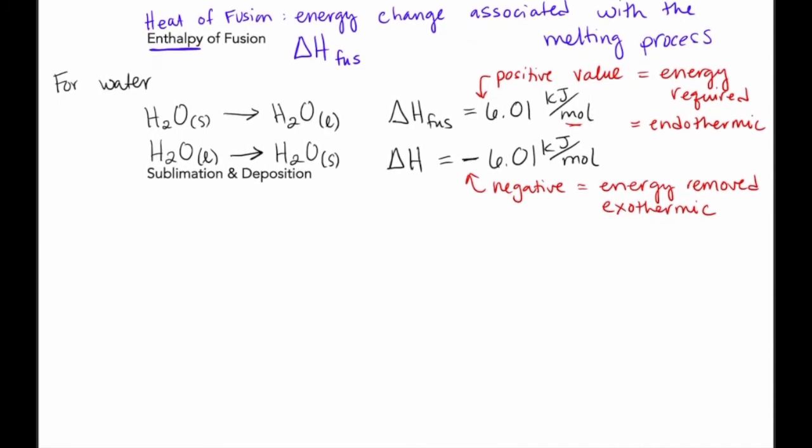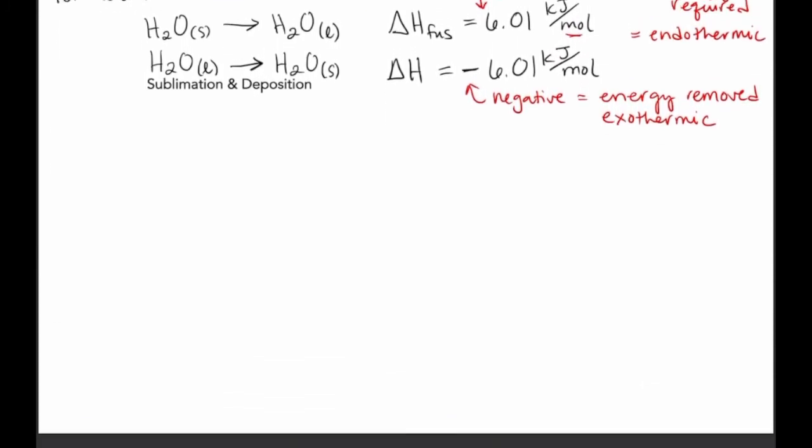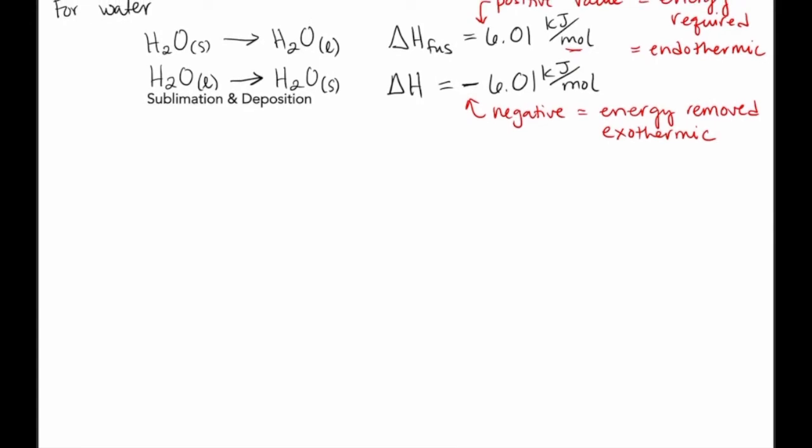And then the last transition that's less common, but we are going to talk about it, is sublimation and deposition. And this is actually a transition between a solid phase directly to a gas phase. Solid directly to gas. And so the solid to gas transition is sublimation. If something sublimes, a solid turns directly into a gas.